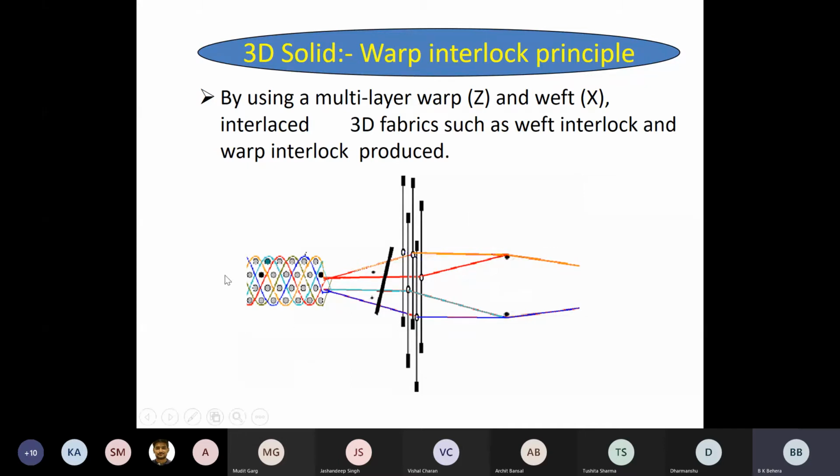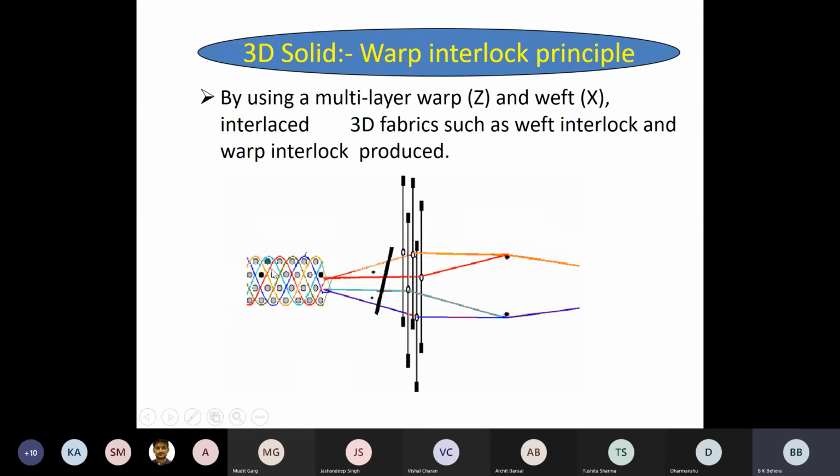It is different from orthogonal in the sense that these yarns are not at right angles to each other. They're at certain angles. I'll show you this interlock in a different manner in the next category, the third one. It's called angle interlock. We term this warp interlock.